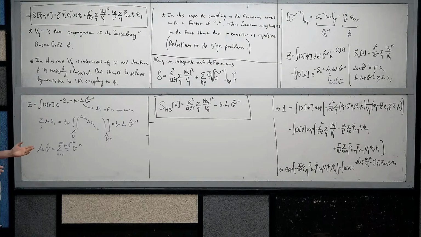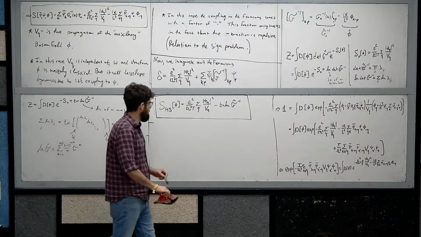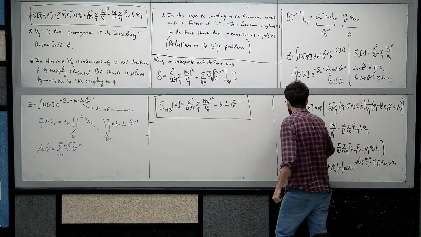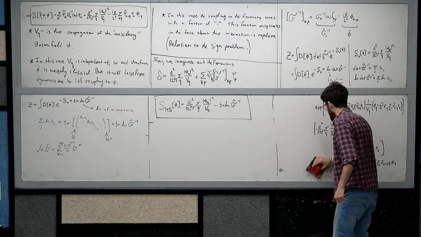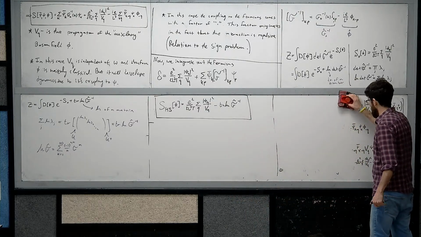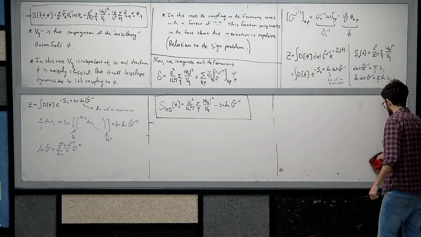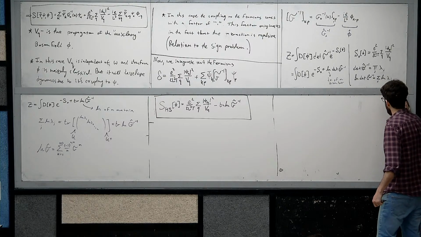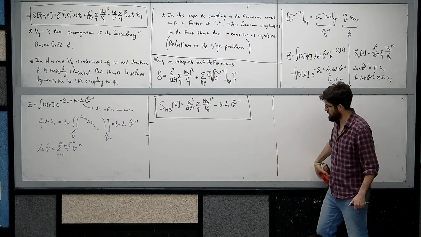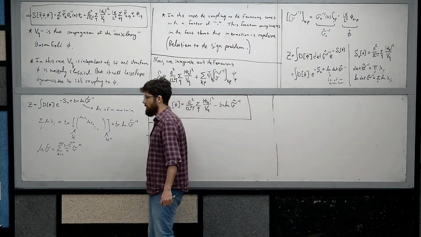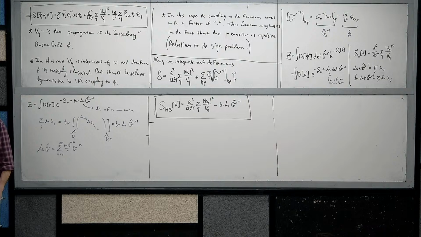But to proceed, we need to do something. And that something is typically to assume that the saddle point is a good approximation, and that we can expand around the saddle point. And that's exactly what we were discussing before we went to the break, that in order for this approach to be useful to us, it has to be close to a saddle point.